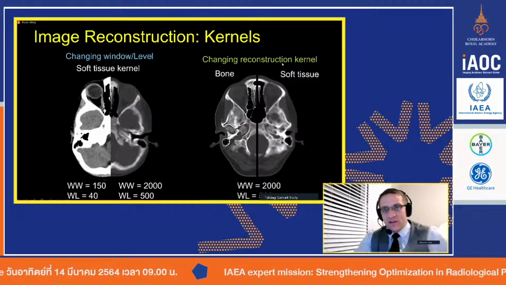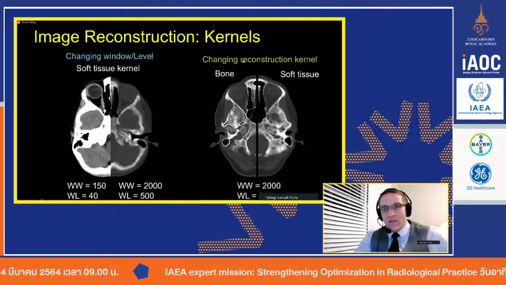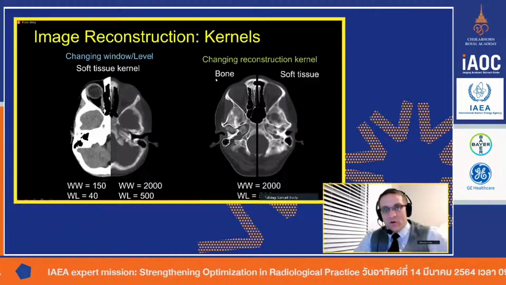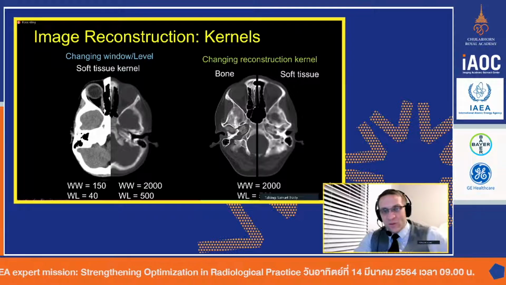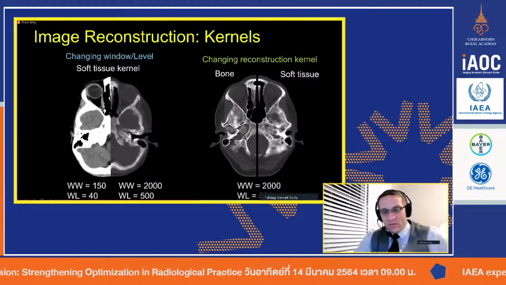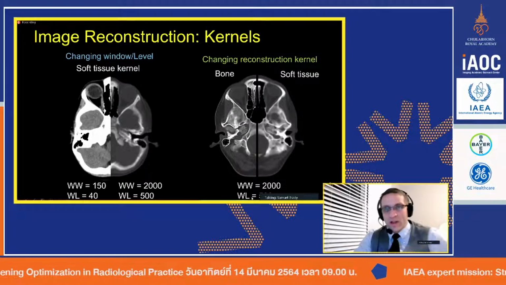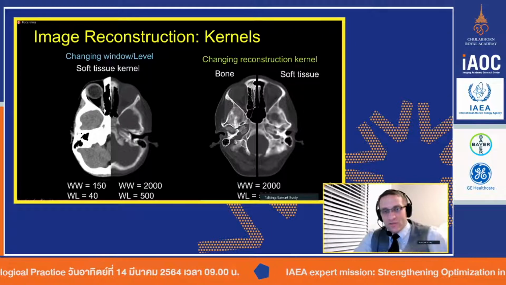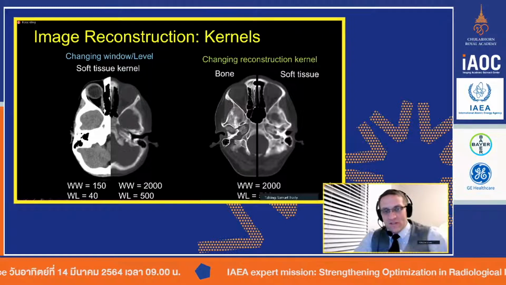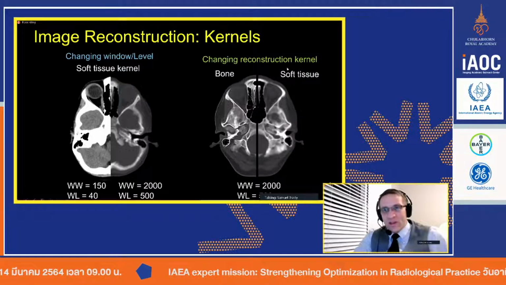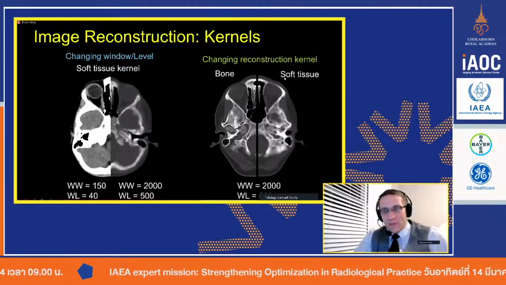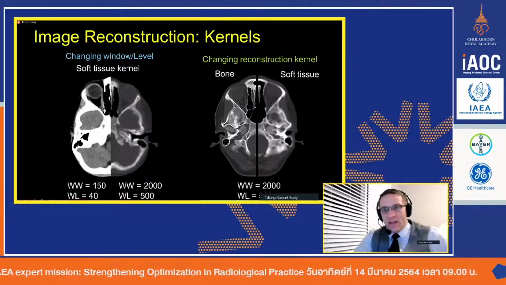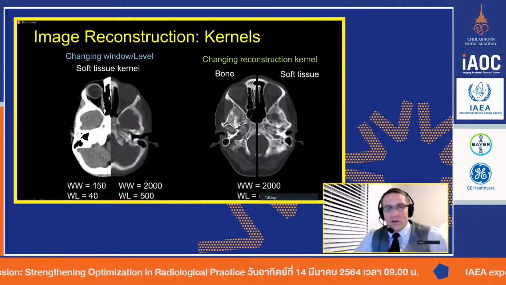So you see here on the right-hand side, now I've used a bone reconstruction kernel. When we look at the window width and window level for a quote unquote bone window, you can now see all the structure of the bone, high resolution, good definition. If we then compare that to the soft tissue kernel, you can see that we are fundamentally looking at the anatomy differently depending on the kernel.